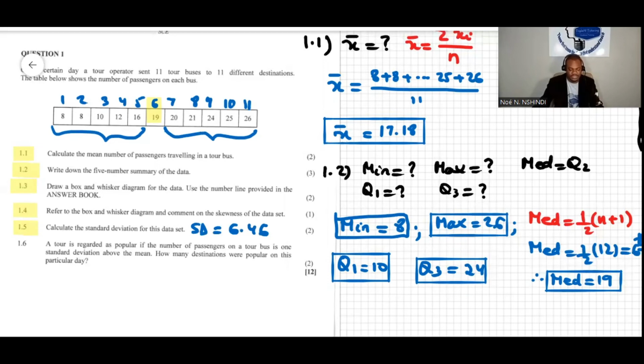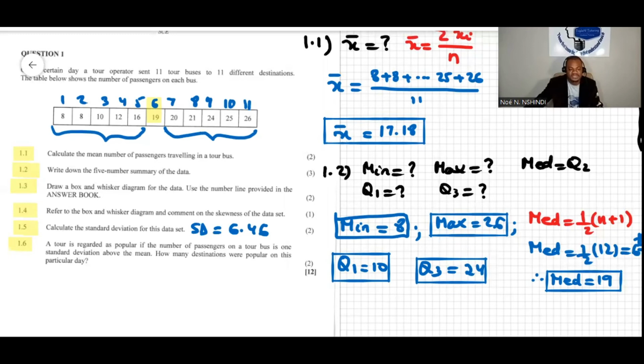Now the last question is question 1.6. The question says a tower is regarded as popular if the number of passengers on a tower bus is 1 standard deviation above the mean.